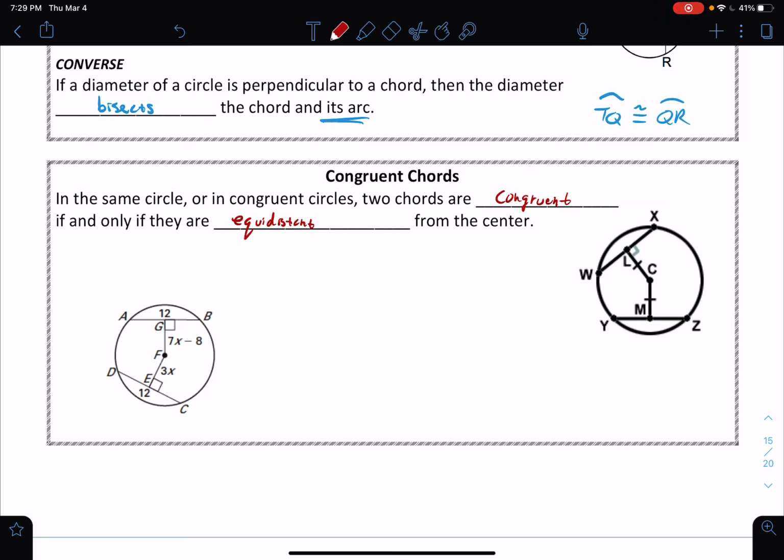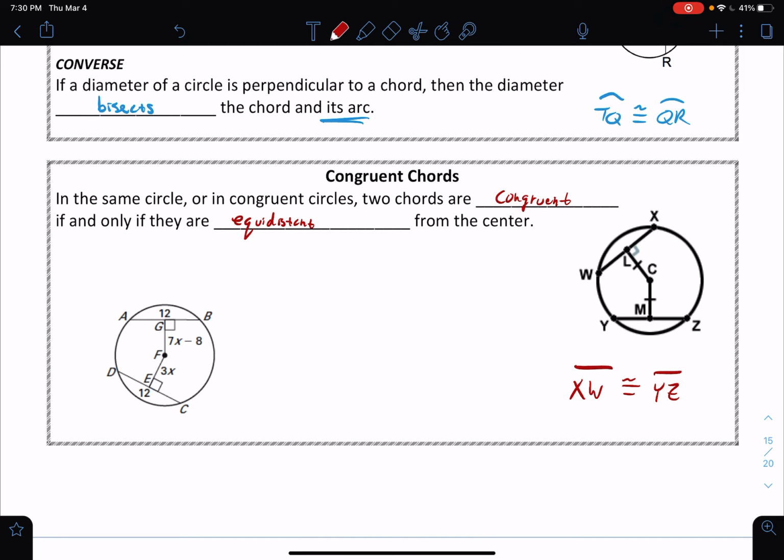Now the segment that goes from the center and touches that chord isn't a radius because it doesn't touch the circle. But for example, here we've got that CL and CM are congruent. So the circle is centered at C, and it extends out and hits the chords, and those segments are congruent, meaning that these chords, XW and YZ, have to be congruent.